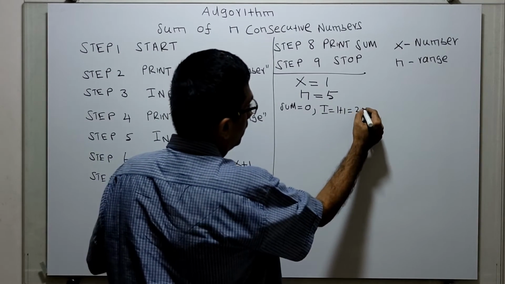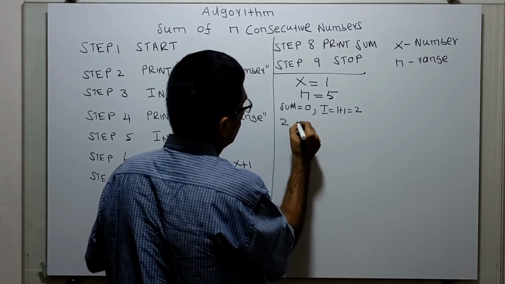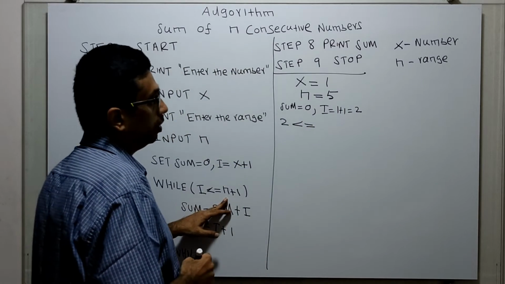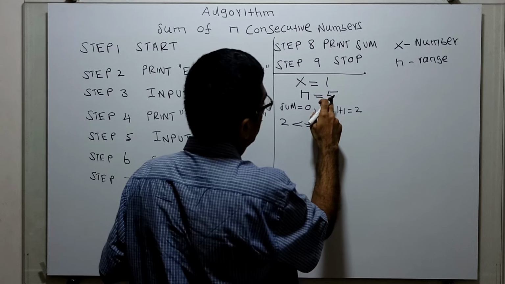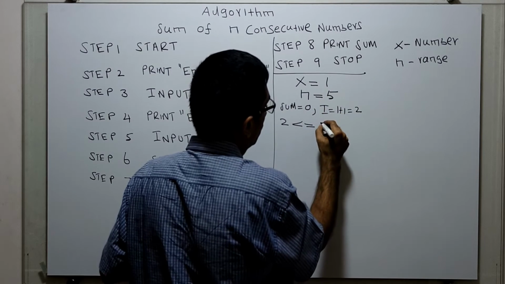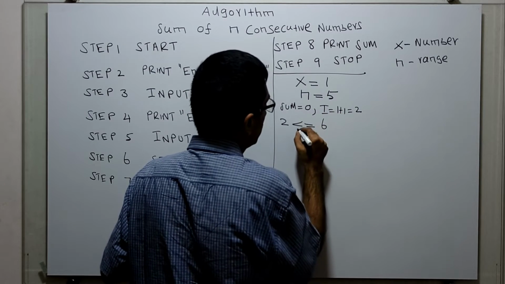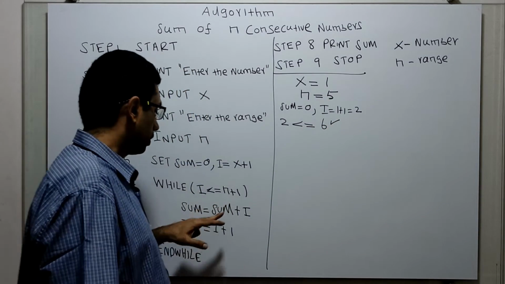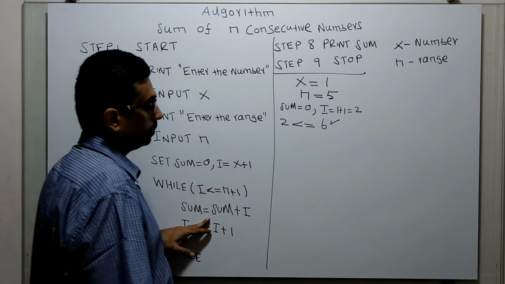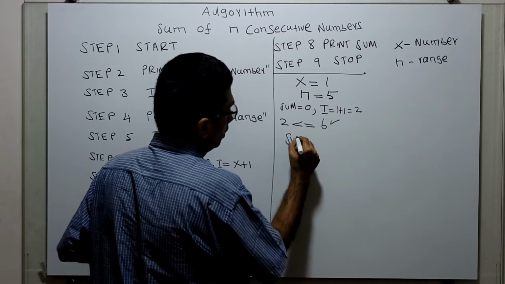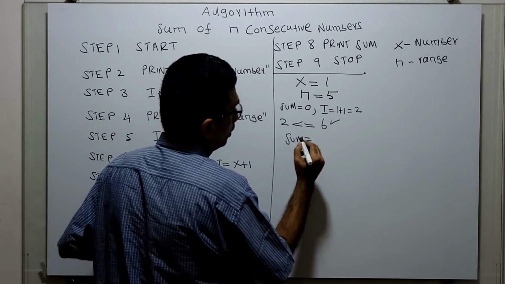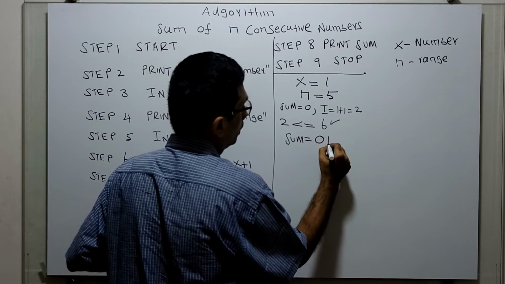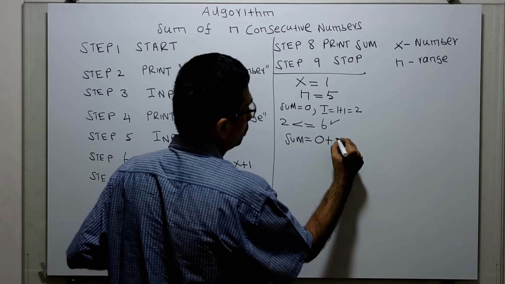What is the value of I? I is 2. 2 less than or equal to n plus 1. What is the value of n? n is 5. 5 plus 1, 6. So 2 less than or equal to 6 is true. So sum equal to sum plus I. The existing value of sum is 0 plus the value of I, which is 2.